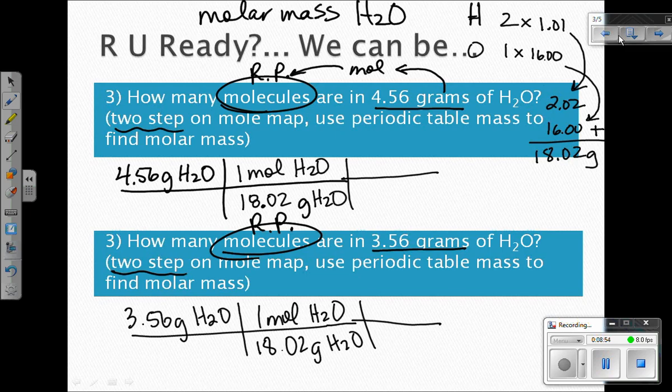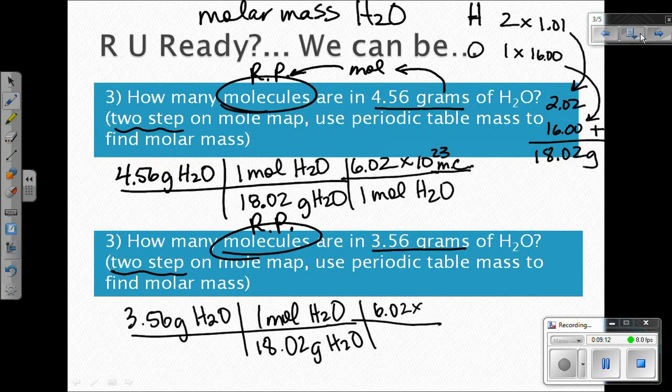So the thing that I need to remember is that for every 1 mole of H2O, how many representative particles is that? 6.02 times 10 to the 23rd. And that would be molecules, which I'm going to abbreviate as MC on here. So 6.02 times 10 to the 23rd molecules is 1 mole of water.